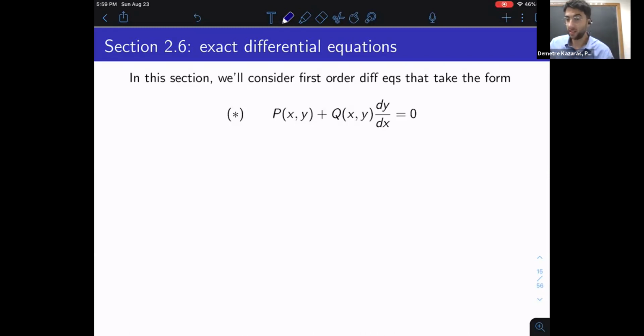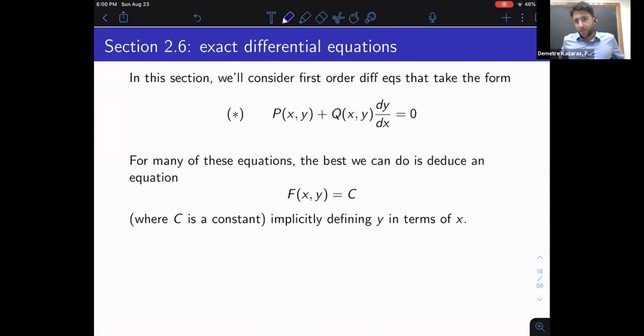This is an extremely general form. Basically every first order equation will fit into something of this form. Now we won't be able to solve everything that looks like this, but let's take a look at what we can do. There's not a special name for this form, by the way, but we'll have enough special names.